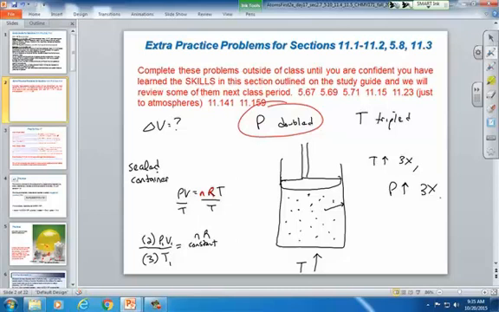If I want to keep it constant, what I need to do is multiply the volume by 3 halves so that the 3's cancel and the 2's cancel and everything gives me the same constant. So the new volume will be 3 halves of the original volume. Whatever the change in volume is going to be, it's 3 halves or 1.5 times whatever it was initially.